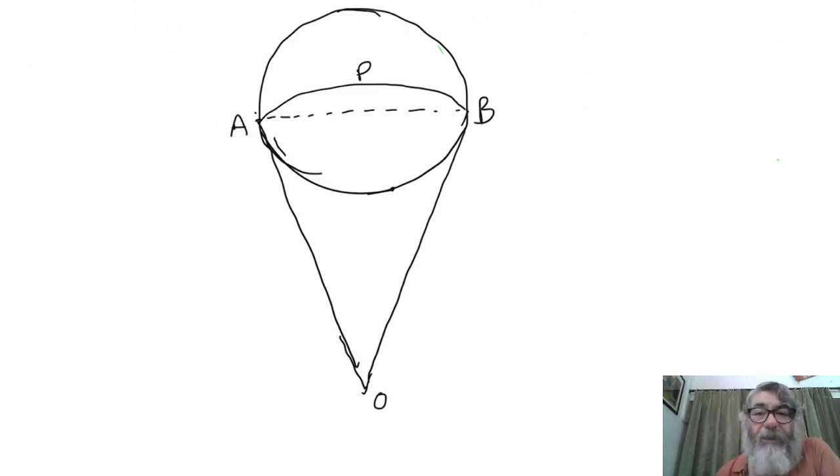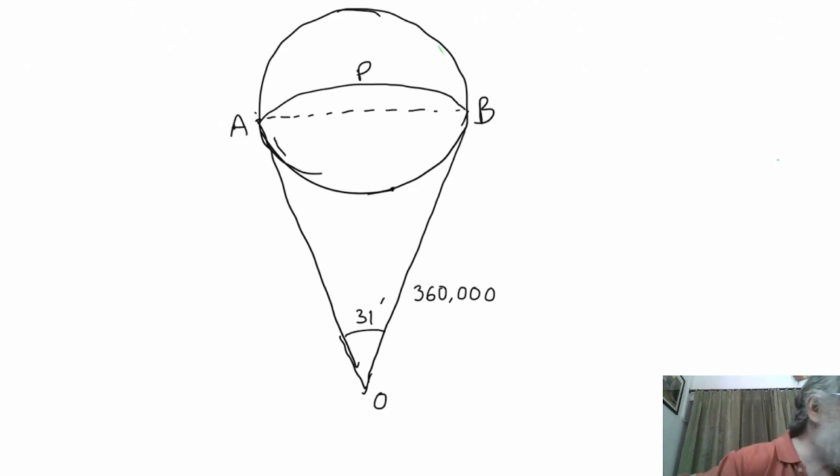Let us calculate the arc APB. It is making an angle of 31 minutes at the eye. And this distance is how much? The moon's distance from Earth is almost 360,000 kilometers. So how are we going to calculate?